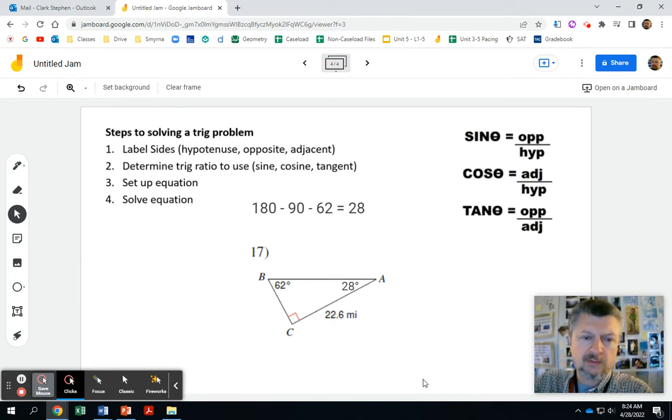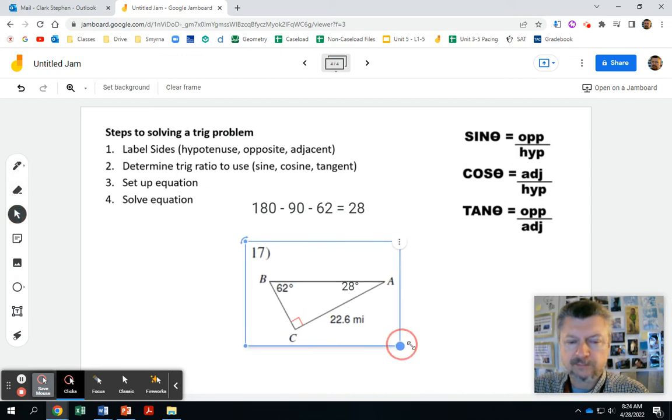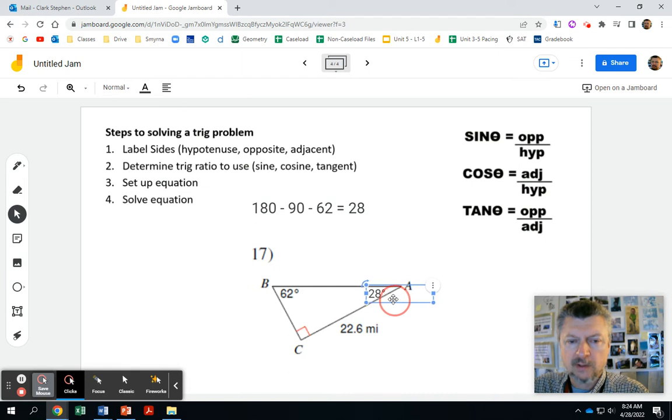Okay, so we found the angle. Now we need to find both sides. So I'm going to start off using the 62-degree angle. So I'm going to mark my sides. Let me make this a little larger. Okay, there we go. All right, so over here we have the hypotenuse because it's directly across from the right angle.